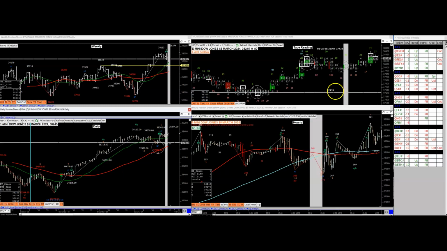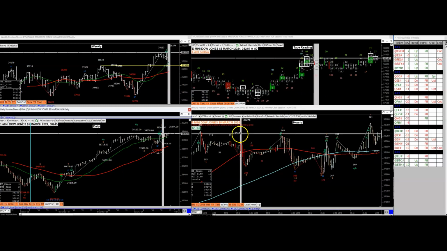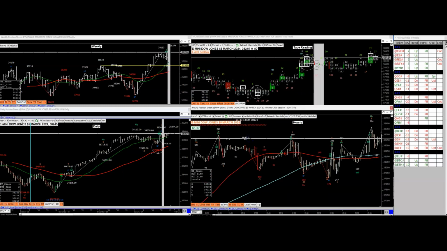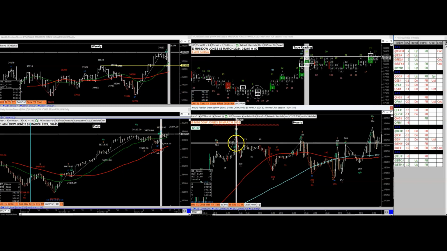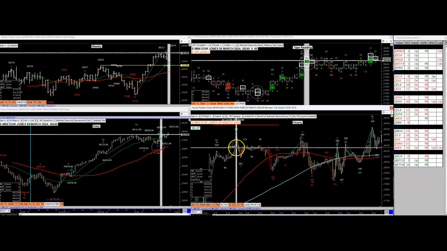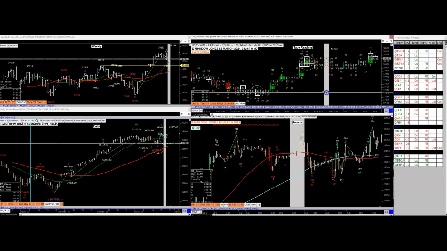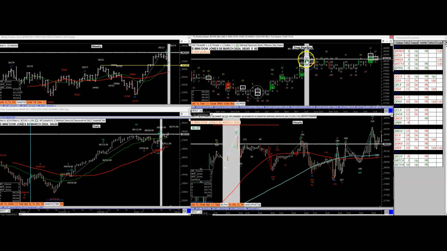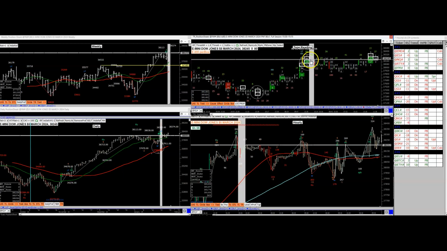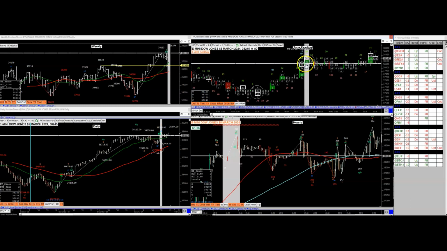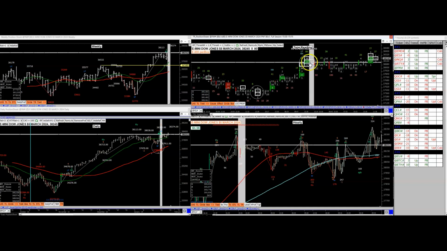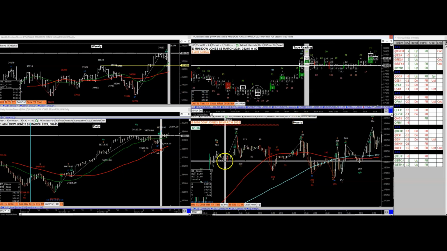Now here we have a situation, all right? You see how clear this is. All this block of heavy volume, and look at these supports.